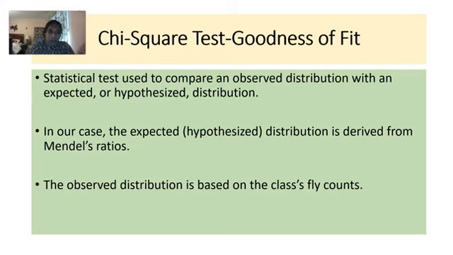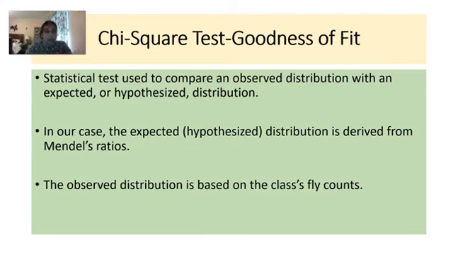Typically, what we examine in genetics, with these Mendelian ratios and Mendelian crosses, is how close we get to the expected ratio using the Chi-Square Test, or goodness of fit. So it's a statistical test. It is used to compare observed versus expected or hypothesized distribution.